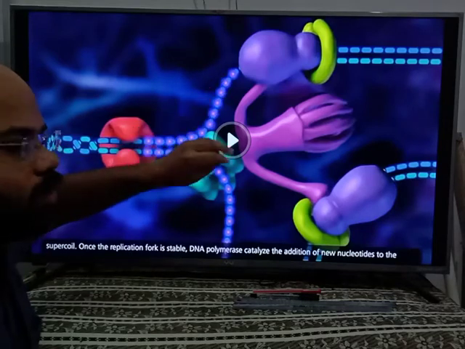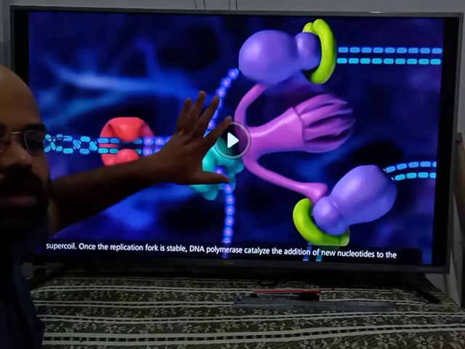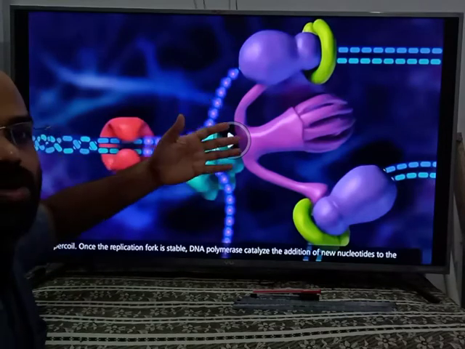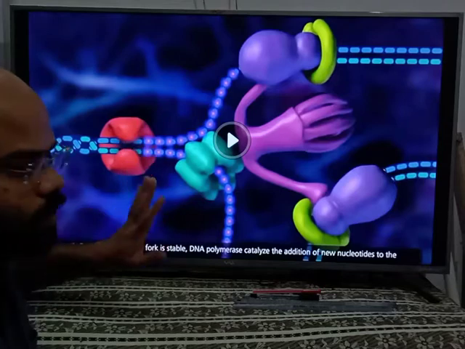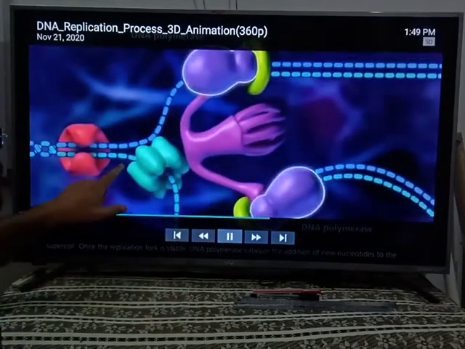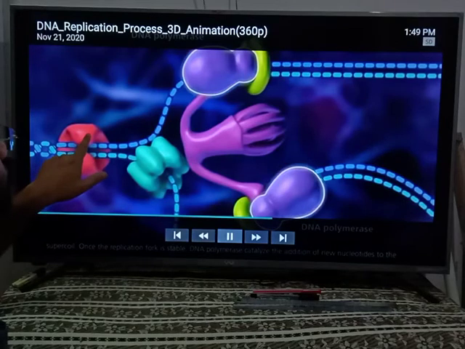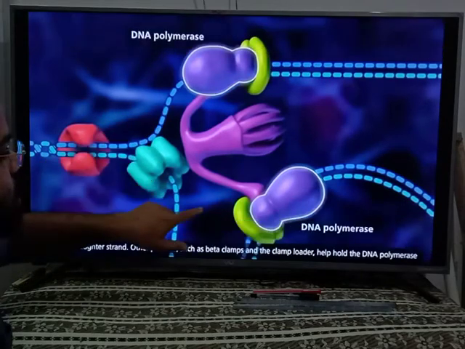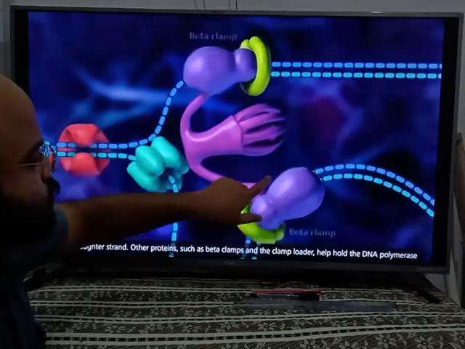It prevents the separated DNA strands from rejoining. Then see, this is helicase, this is topoisomerase and the single stranded binding protein. This is DNA polymerase.